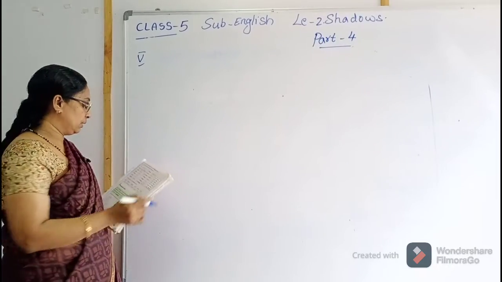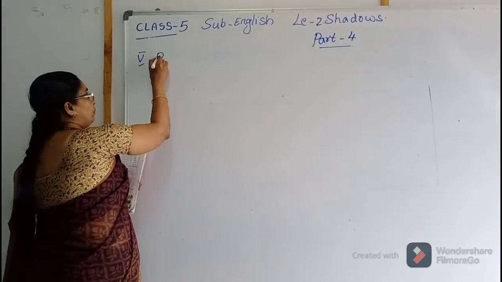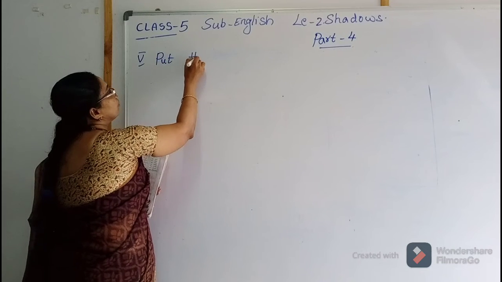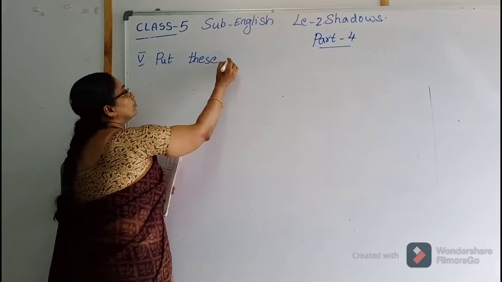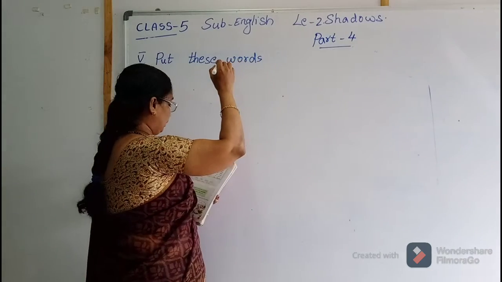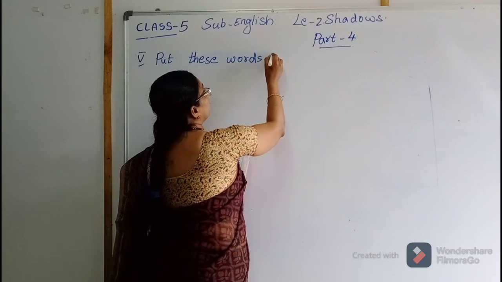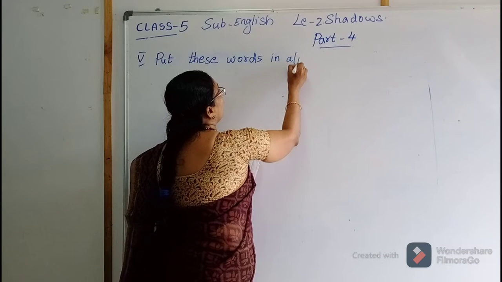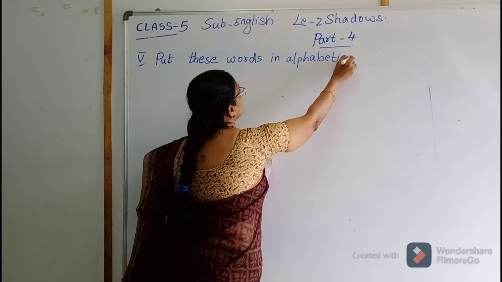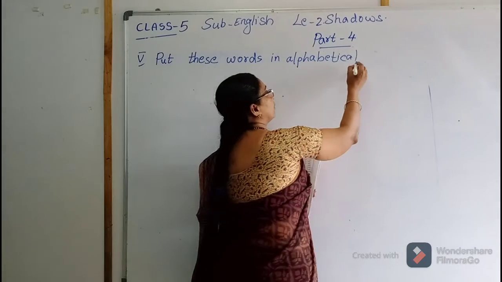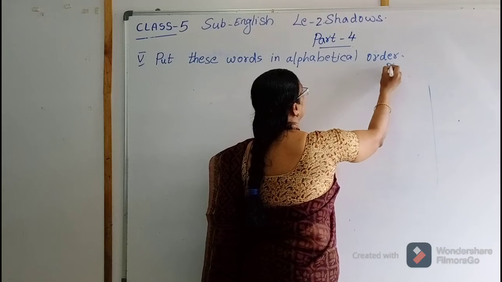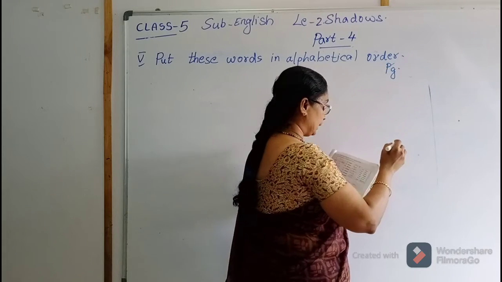Next exercise 5. Put these words in alphabetical order. O-R-D-E-R order. Page number 17.